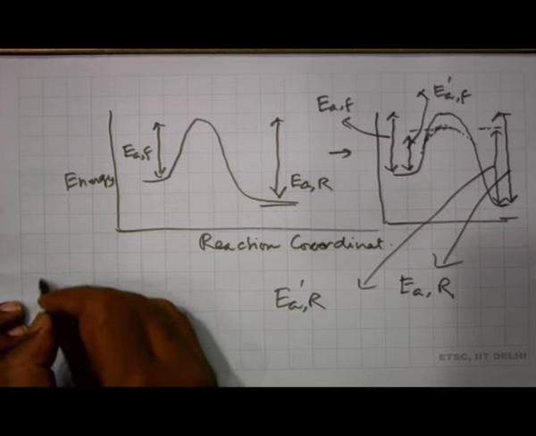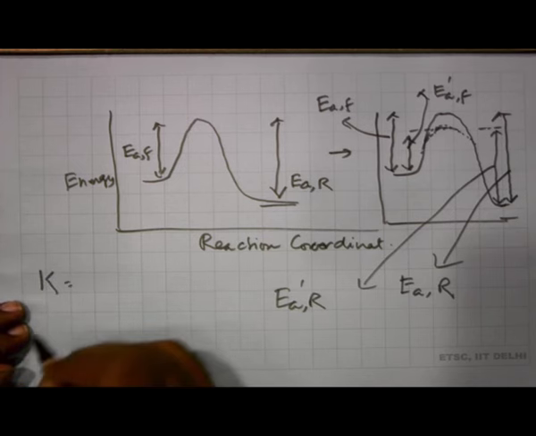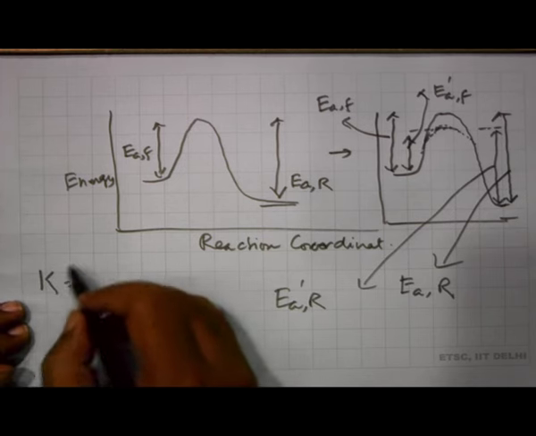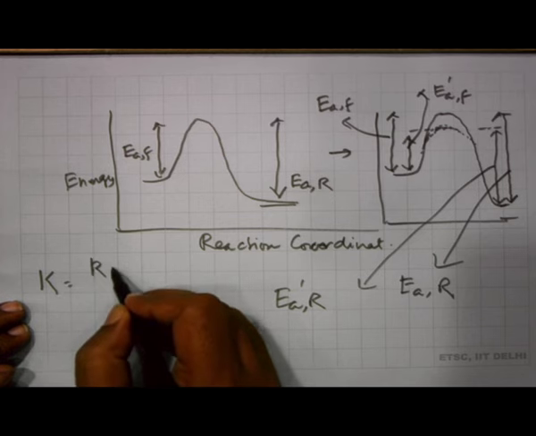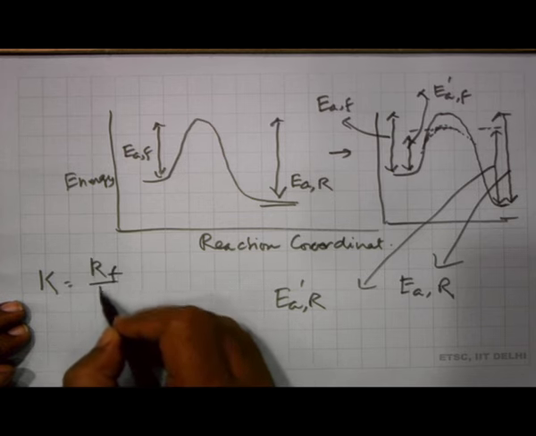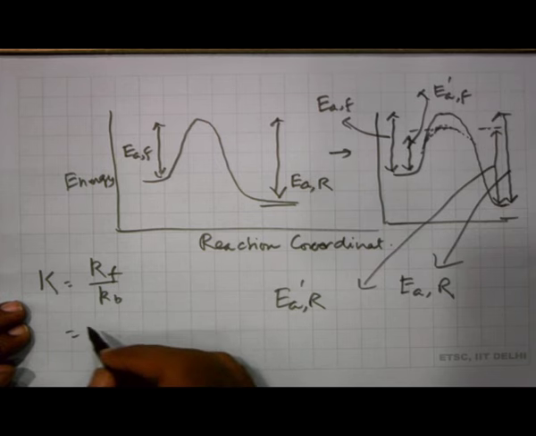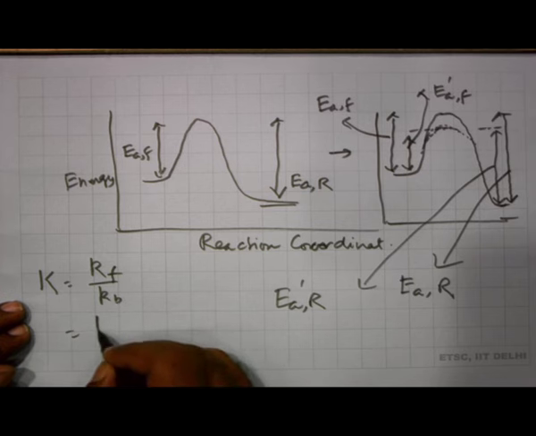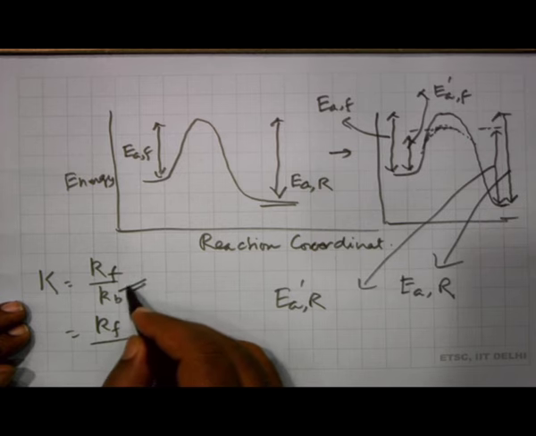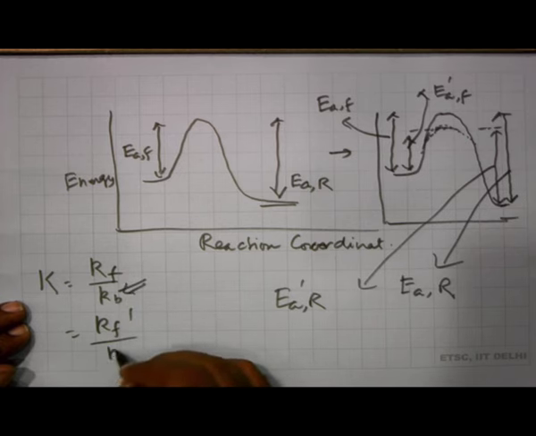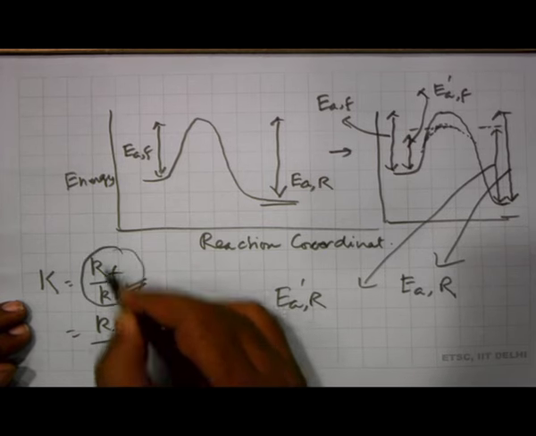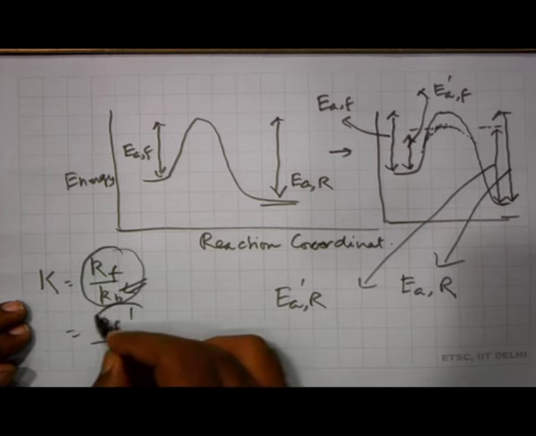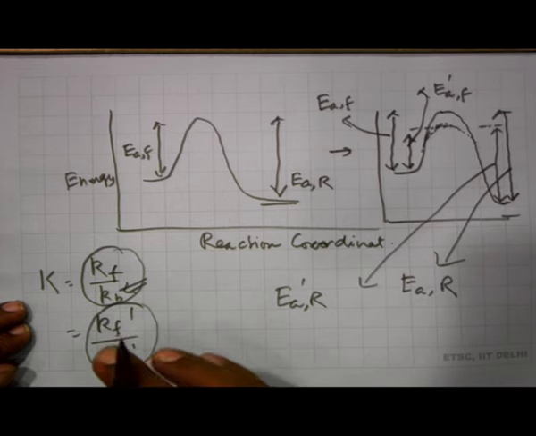Okay. So, your equilibrium constant is Kf by Kb. Kf gets affected in presence of catalyst and it becomes Kf dash, and Kb also changes and becomes Kb dash, but the value of Kf by Kb and Kf dash by Kb dash will remain the same.